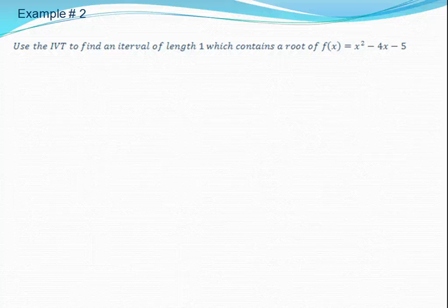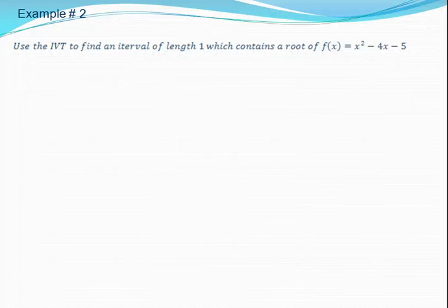In this example, we're asked to use the intermediate value theorem to find an interval of length 1 which contains a root of f of x equals x squared minus 4x minus 5.